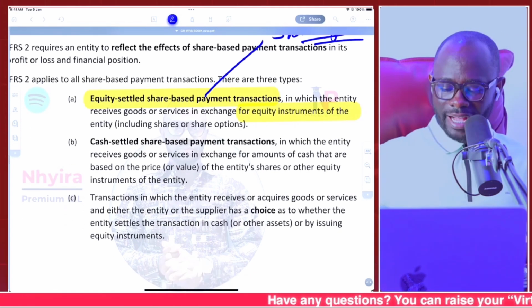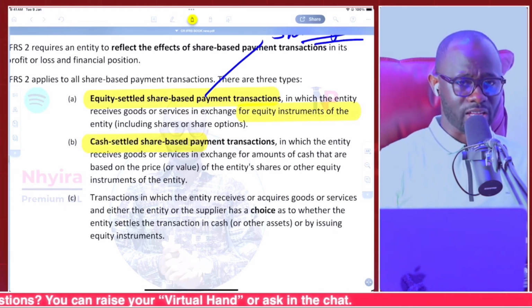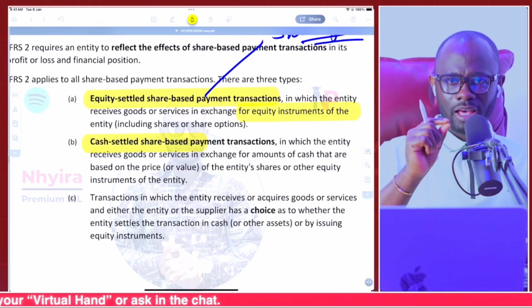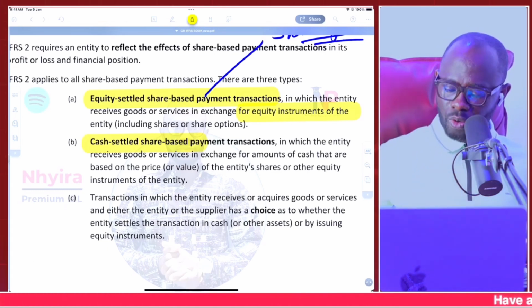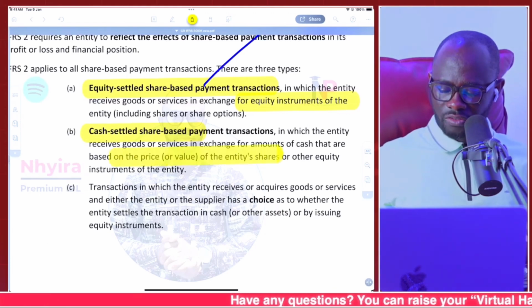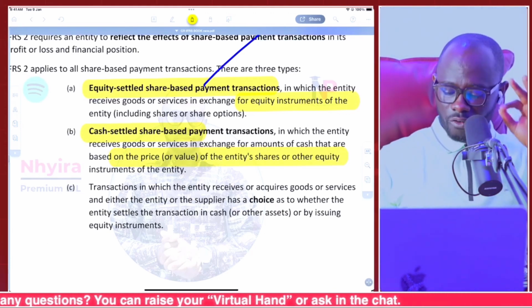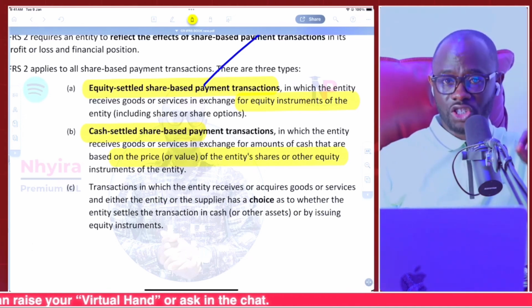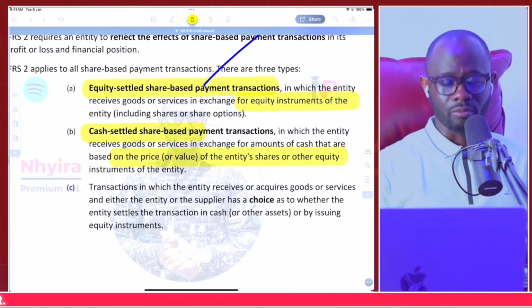2, cash settled share-based payment. Cash settled. So here, we will give you cash, but the money to be given to you will be dependent on the value of the shares of the entity. So based on the price or value of the entity's shares or other equity instrument.